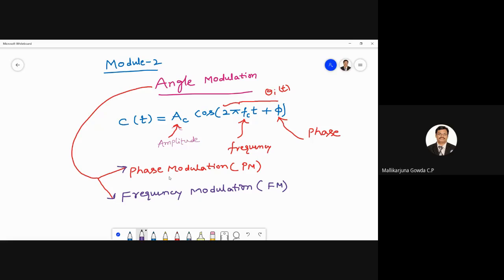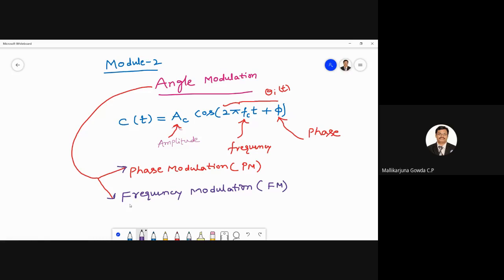In phase modulation, the phase of the carrier signal is varied in accordance with the instantaneous value of the message signal. So the phase of the carrier is modulated by the message signal. That we call phase modulation, keeping the other two parameters constant, that is amplitude and frequency.